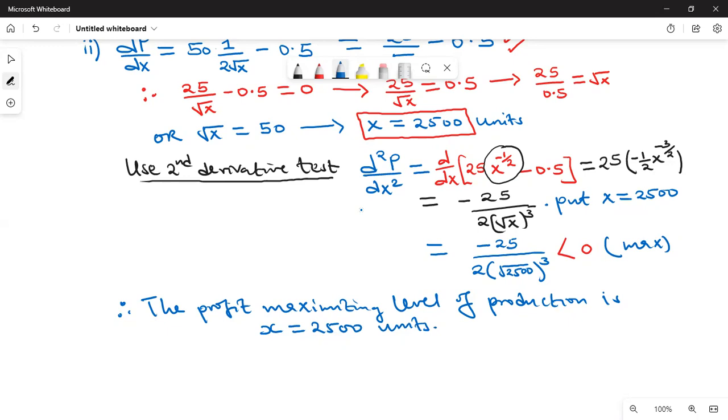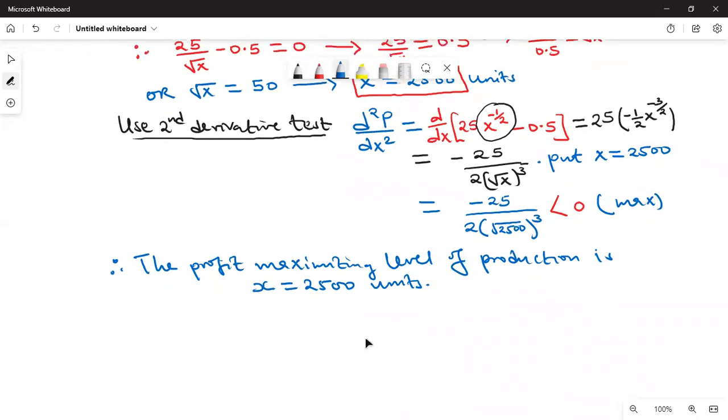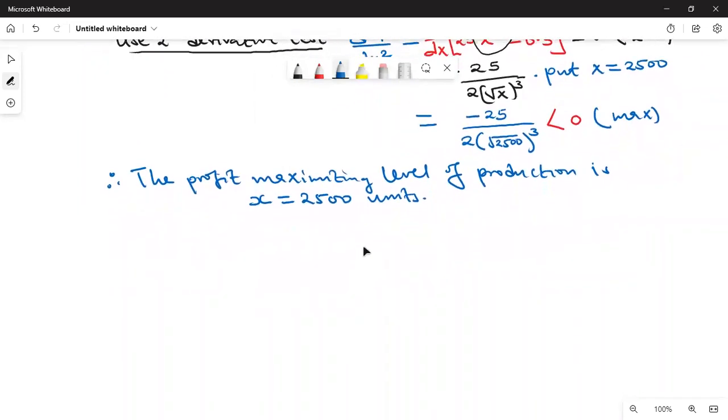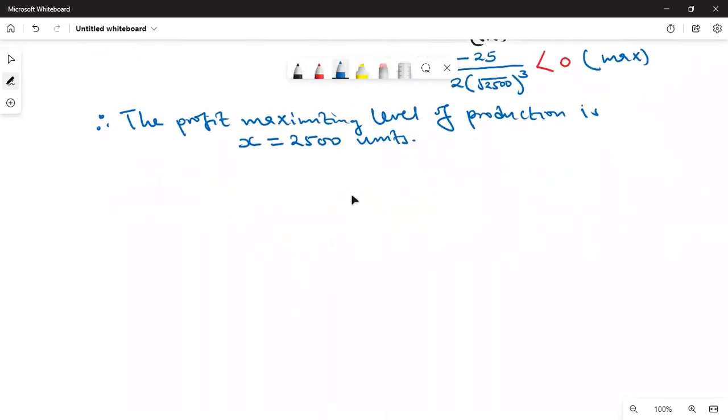When you produce 2500 units for this particular company or manufacturer, then for you to maximize the profit, you have to produce those 2500 units. Now we want to know the price per unit. So price per unit is equal to the small p when x is 2500. So this will be, it was 50 over root x, over the square root of 2500.